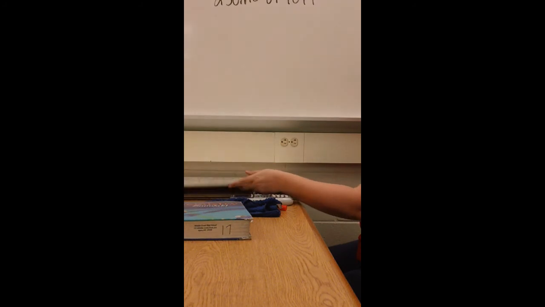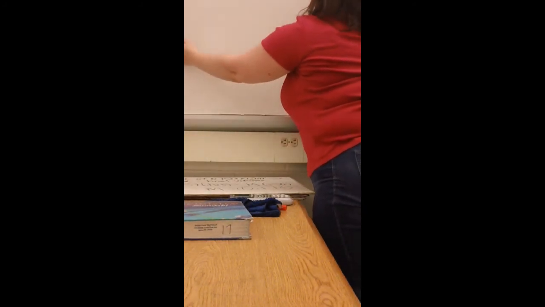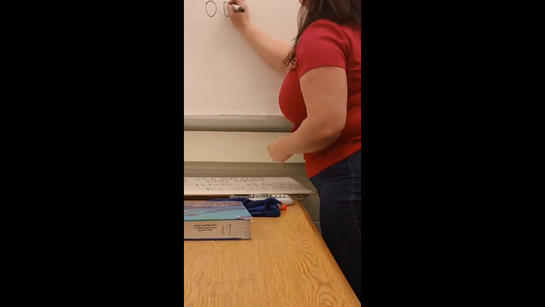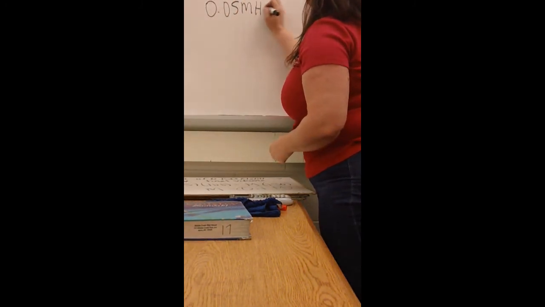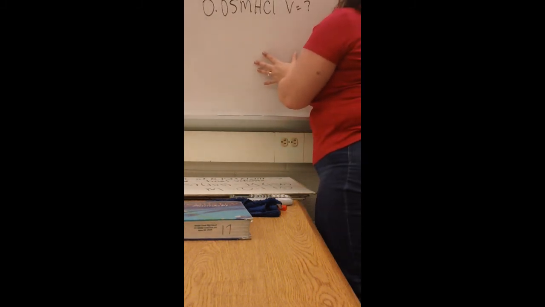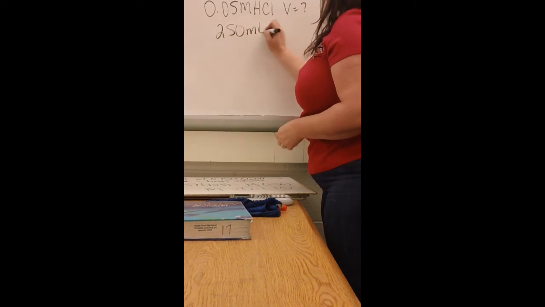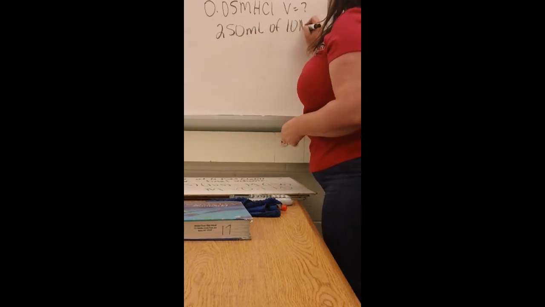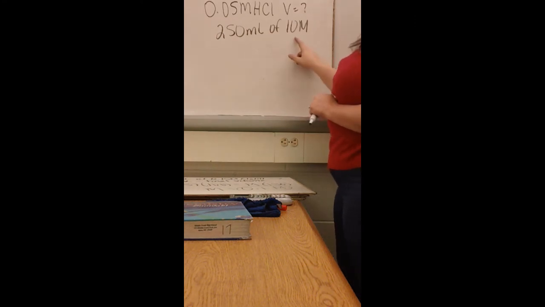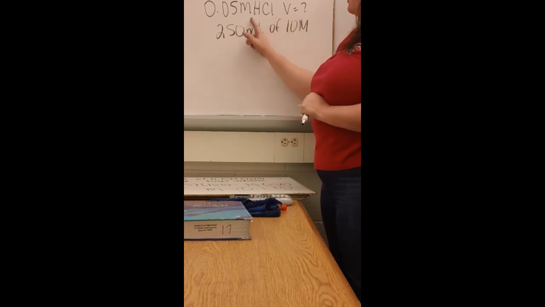Question 3. We had 0.05 molar HCl. We wanted to know what volume of that we needed to get 250 milliliters. Okay, so we had a 10 molar solution, and we had 250 milliliters of that. What volume are we going to end up with of a 0.05 molar solution?